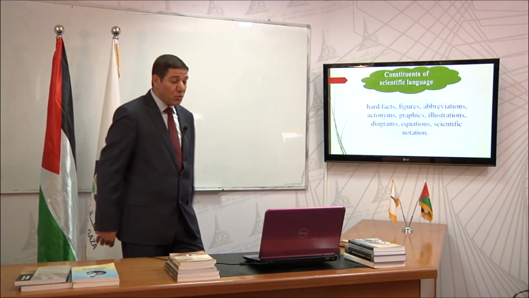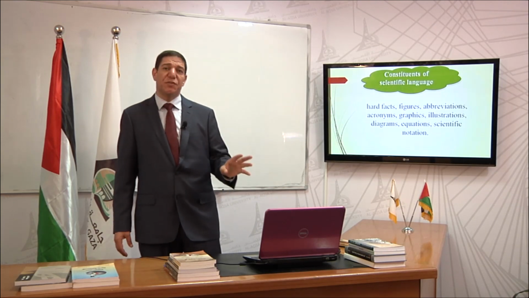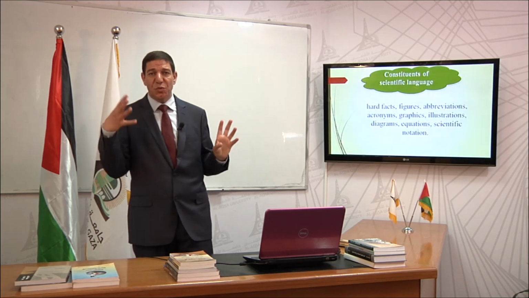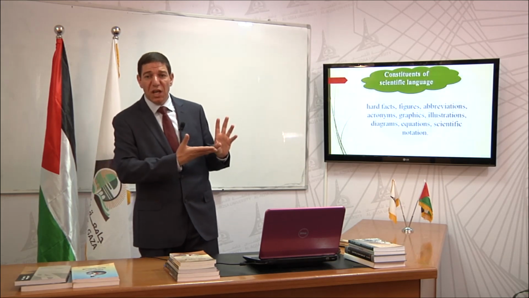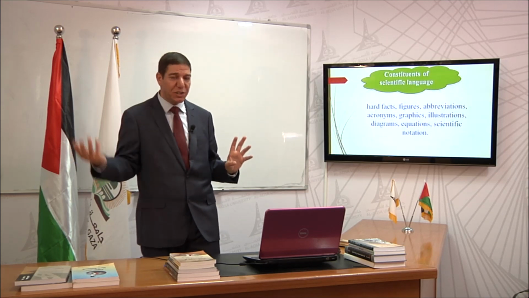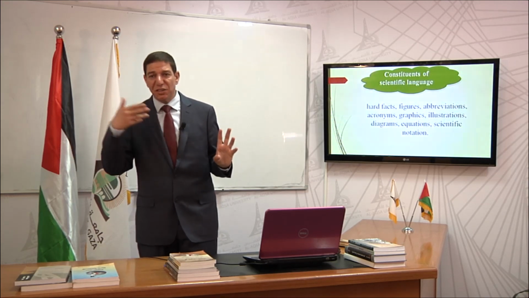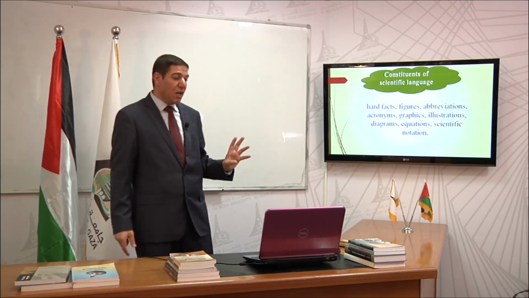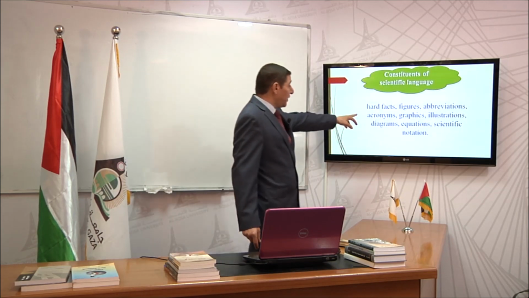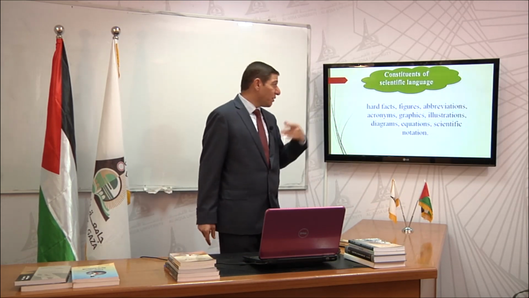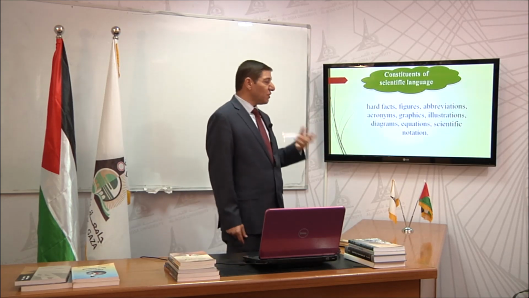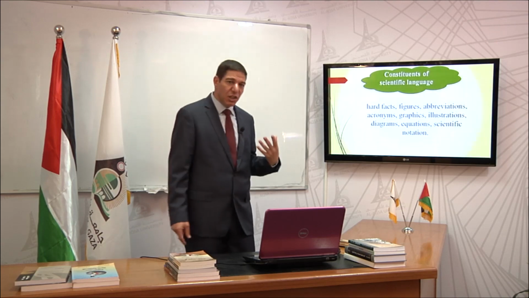Constituents of scientific language, and this is a main big difference between scientific language and non-scientific language. I use the word non-scientific in order to include everything beyond the borders of science, like literature, fiction, novels, academic writing, newspaper articles, etc. Constituents of scientific language include hard facts, figures, abbreviations, acronyms, graphics, illustrations, diagrams, equations, and scientific notation.